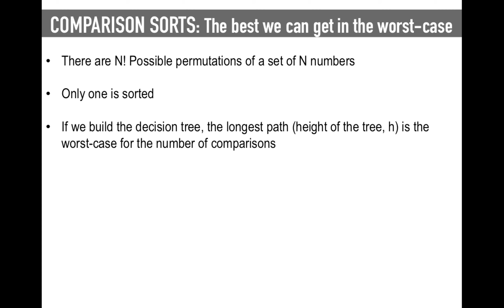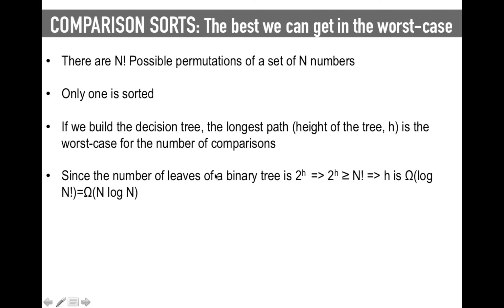And it happens that the number of leaves of a binary tree is 2 to the h. And we know that for a comparison sort, the number of leaves is n factorial. So after we solve this equation, we get that h, which is the number of comparisons, is n log n. So this is the explanation of why a comparison sort can never get better than n log n complexity.